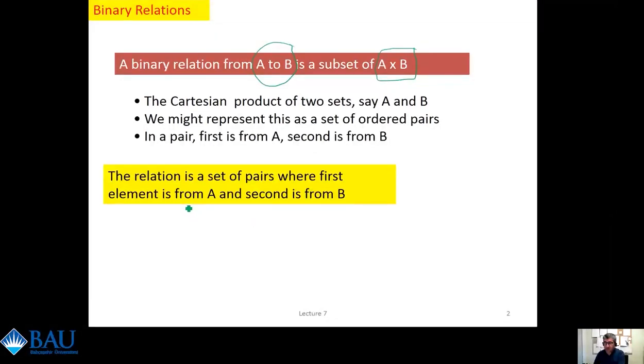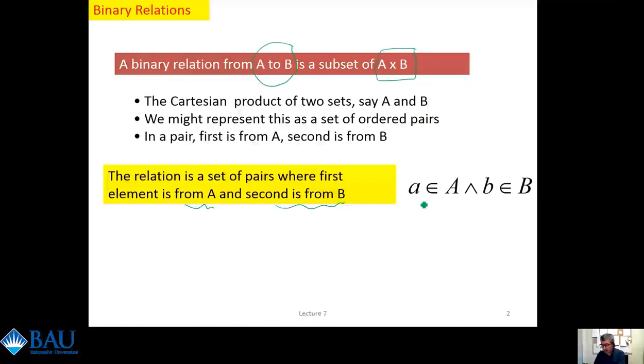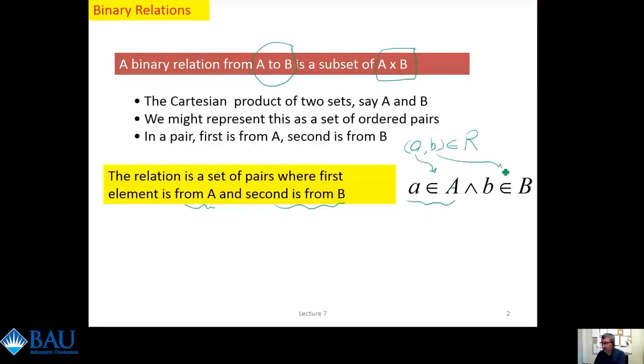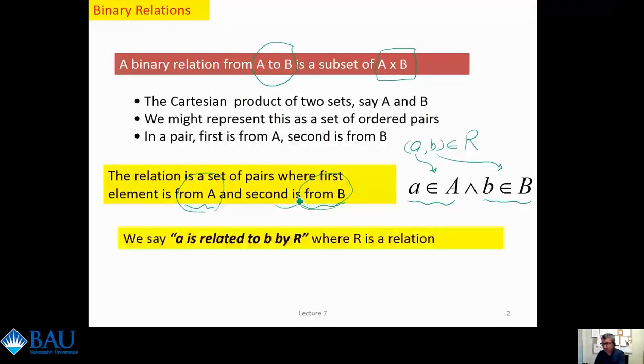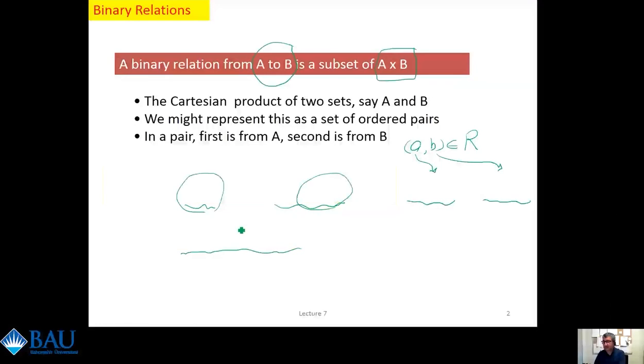So if the first set is A and the second set is B, and you pick an element (a, b) in the relation, this one comes from A and the second one comes from B. At that time, we call it a and b are related. Like the previous example, look at it.